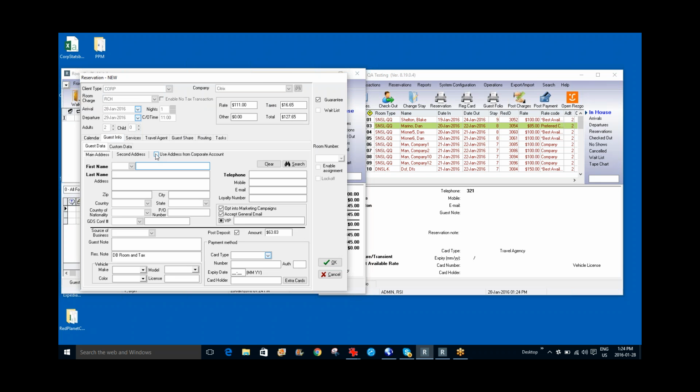When it's a group, it'll say use address from group account, use address from wholesale account. So when you click that, it'll pull it over. So especially for groups, they just want to make that quick booking.